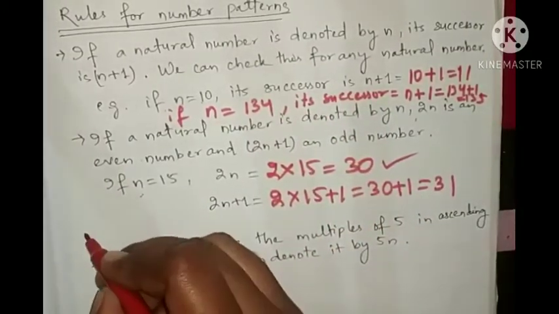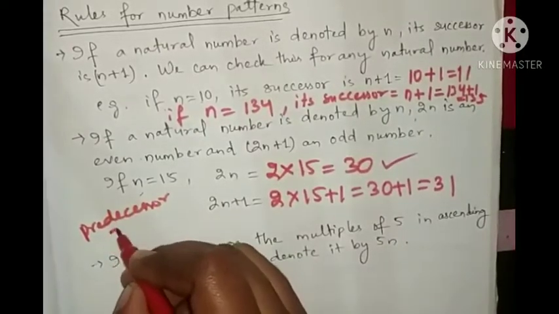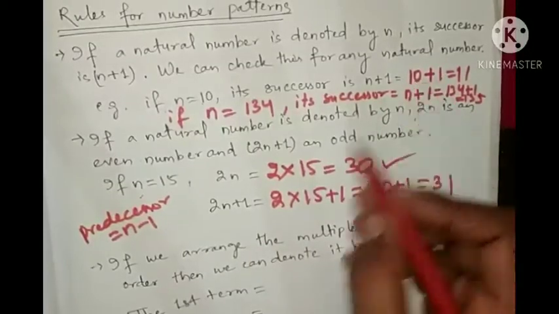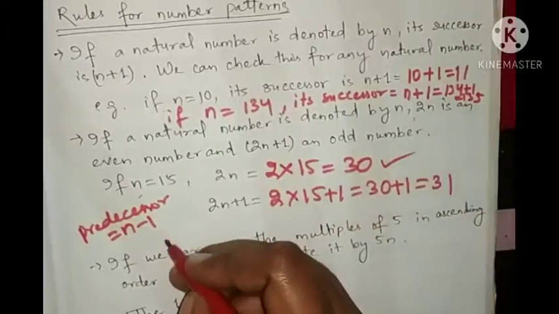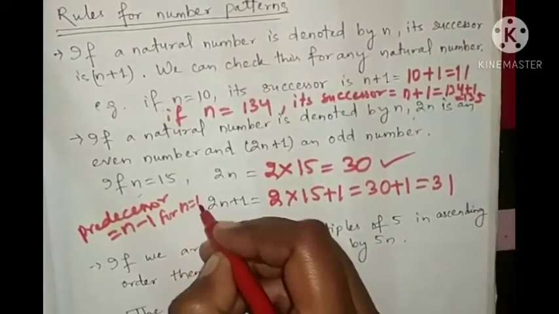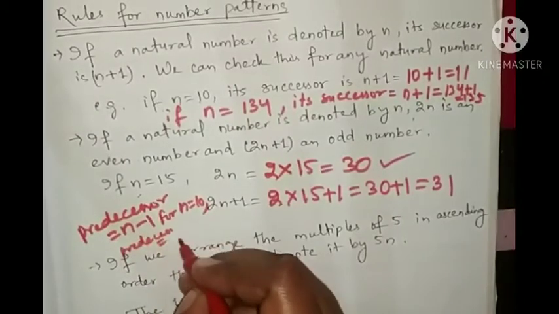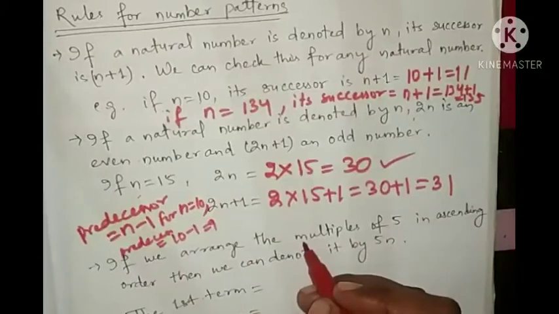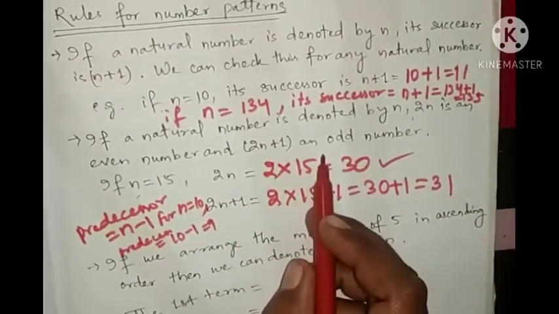For the predecessor, what can we write? Predecessor equals n minus 1. So for n equal to 10, the successor is n plus 1, and the predecessor is 10 minus 1, equal to 9. Like this we can find out. If a natural number is given, we can find the odd number and even number.